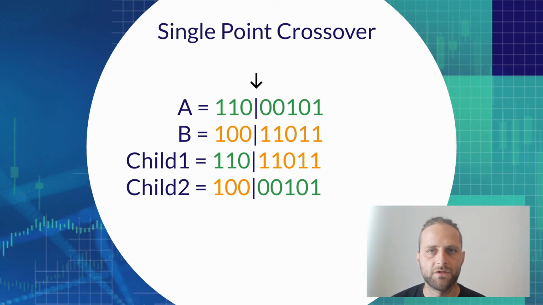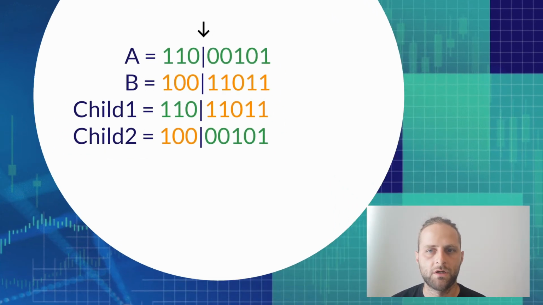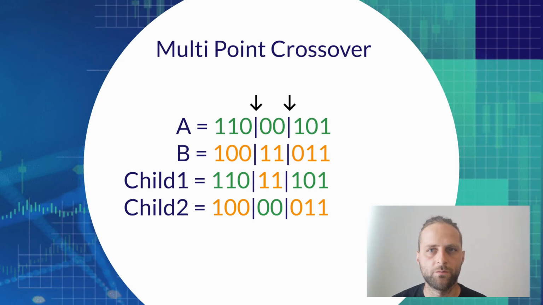A variation of this is the multi-point crossover. You can have 2 or more random points at which you cross over. Let's pretend we chose 2 random positions at bit 3 and 5. First child will have the first 3 bits from parent 1, bits 4 and 5 from parent 2, bits 6, 7 and 8 from parent 1 again. And of course the second child will be the other way around.